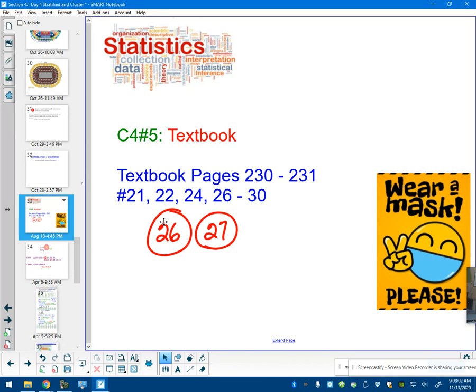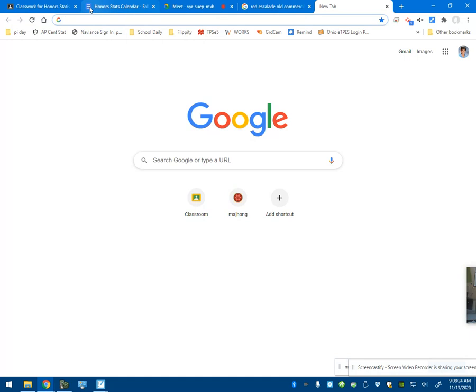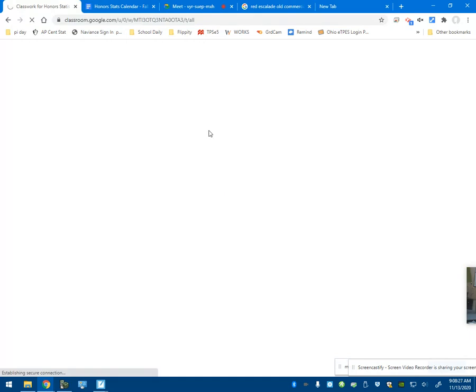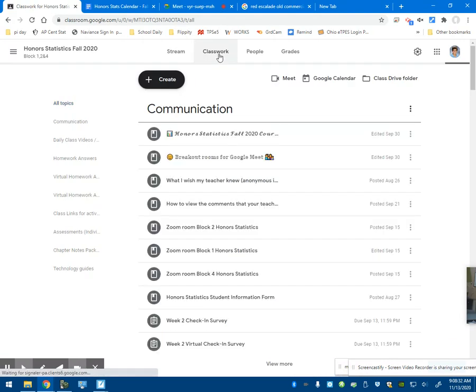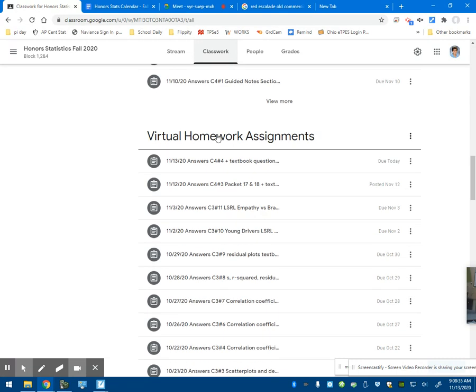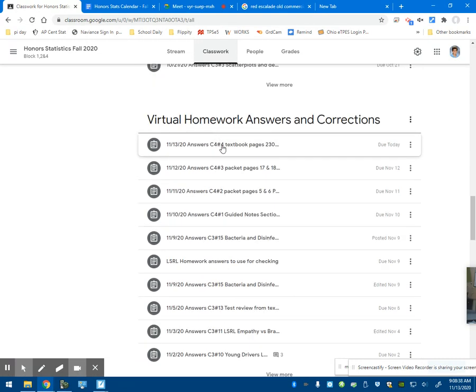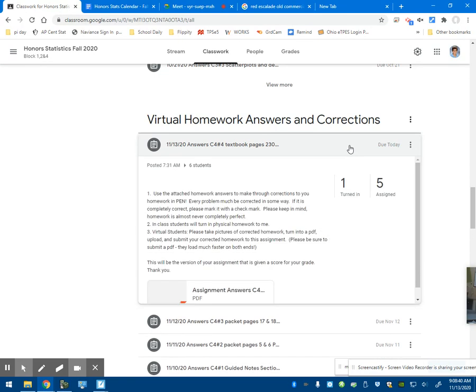Yes. Just for the corrections, I don't know if it's just me, but for some reason I can't see them. I was looking at the corrections for today's homework, and I couldn't actually see them. I only had the helpful hints. Let me double check to see what I did. Are you going to the second one where you upload your answers? It's not popping up in the virtual answers and corrections, but there's no corrections in it.